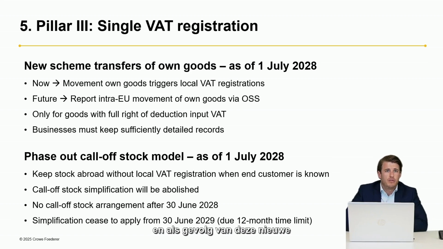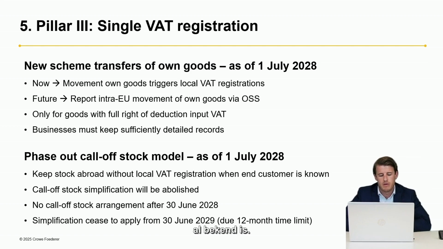And as a result of this new scheme for the transfer of own goods, the call-off stock simplification will be phased out also as of 1 July 2028. And within this call-off stock simplification, businesses can keep stock abroad without having a local VAT registration, and only in the situation where your end customer is already known.